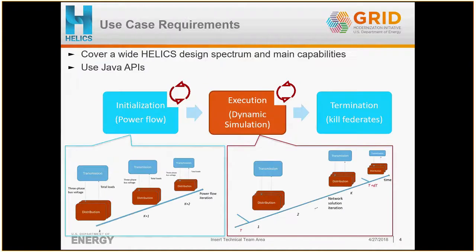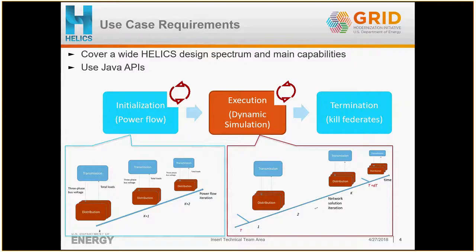So with that, this is the requirement from this particular use case. As you can see here, it covers a wide spectrum of the design spectrum of HELICS, as well as many capabilities. Particularly for the initialization, we will use the power flow, which will not involve any time step, but will require iteration. And once we have this converged power flow for both transmission and distribution, we will enter into the execution stage.